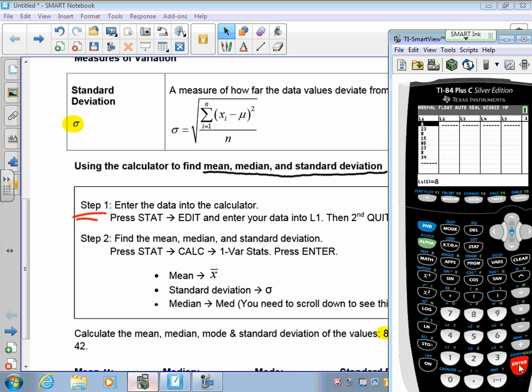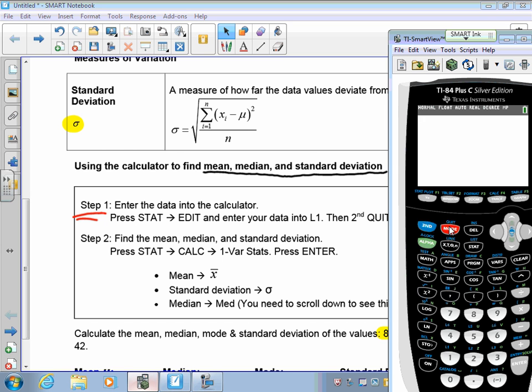And I already have my information in, so you can pause the video so you can enter your data in. But I'm going to keep going. So you should have 8, 23, 8, 15, 85, 23, 8, and 34. Now to get out, hit second mode, and I want to do the statistics on the data that I just entered.